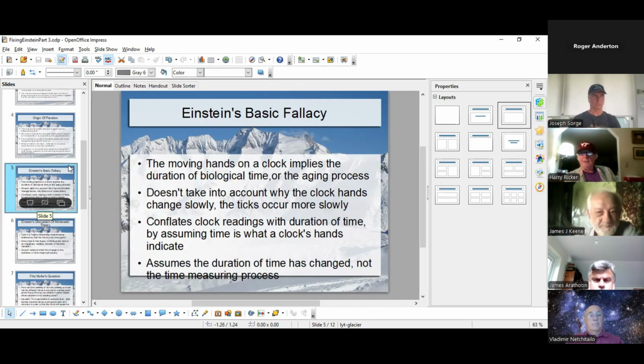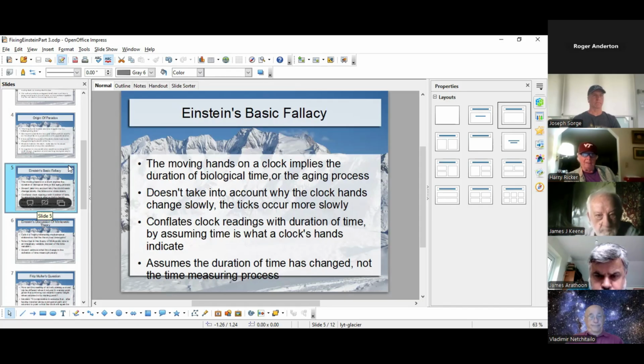And so he's saying that the moving of hands on a clock is equivalent to biological aging. No proof of that. Doesn't take into account why the clock hands change slowly. So he's not really looking at the problem completely. He says the ticks occur more slowly. Okay, yeah, that seems to be a valid conclusion of your coordinate transformation.